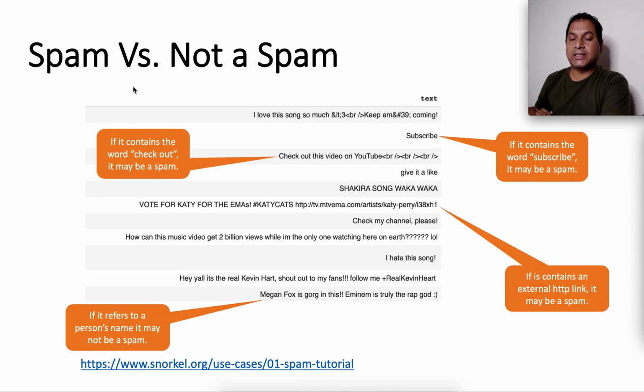Let's take a simple example. The credit for this example goes to www.snorkel.org, and I have taken this example to explain the concept of weak supervision. So there are YouTube messages or feedbacks, and we want to build a classification model to classify if those feedbacks are spam or not spam.